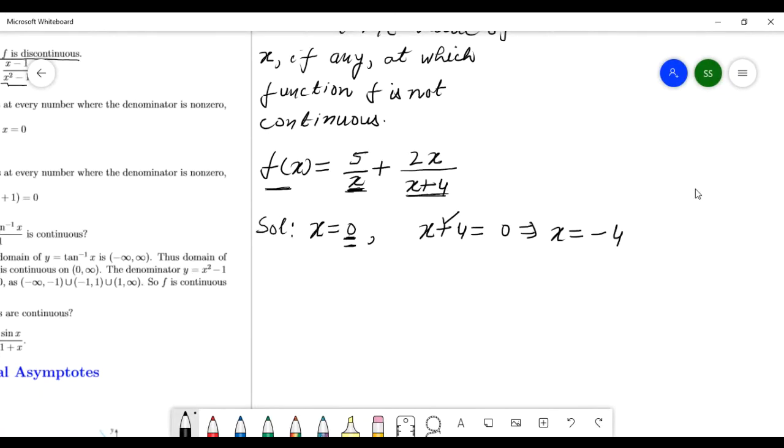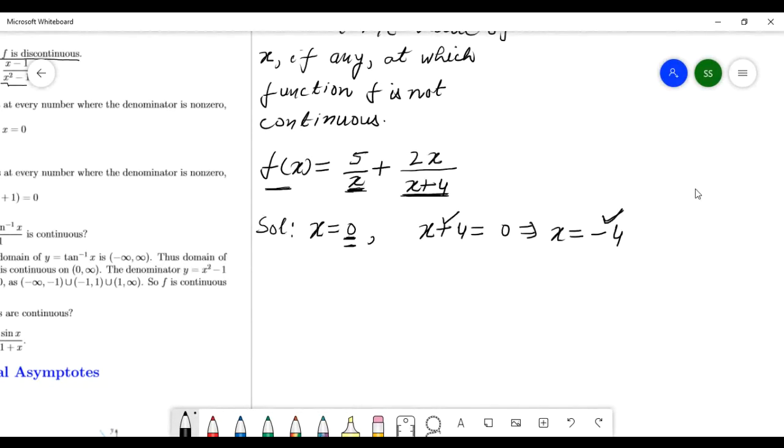And if x equal to minus 4, then here the denominator will be 0. Denominator 0 means this function is not defined at this point, minus 4. It means minus 4 is not in the domain of this function.